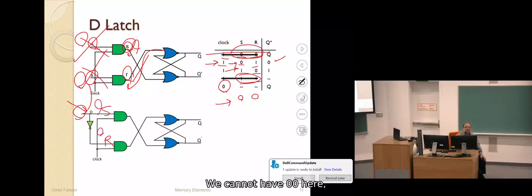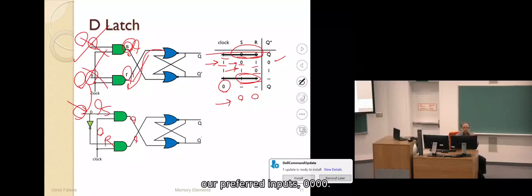We cannot have 0, 0 here, but we can have 0, 0 here when clock is 0. Okay, you got it? So with a clock and one input which inverts for the other input, S and R, we have built our preferred states, our preferred inputs.